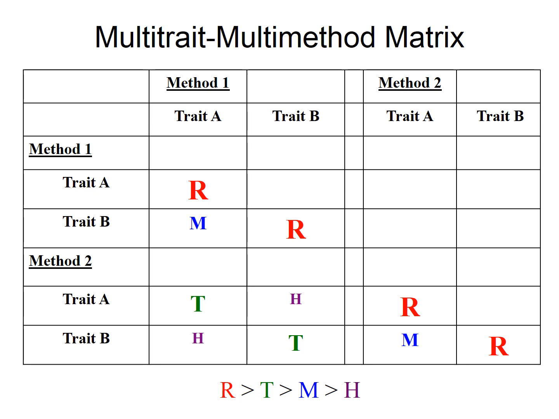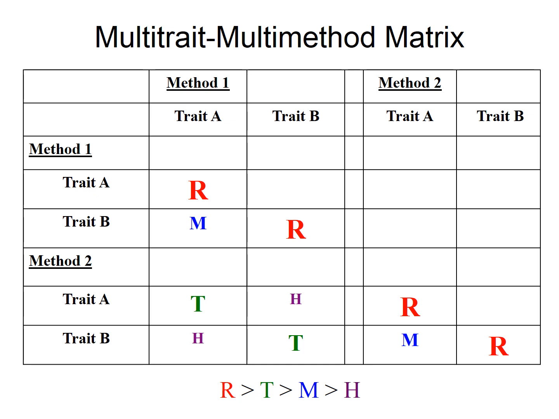And again, the highest correlation we'd expect here is 1.0, lowest would be 0. Next, we would expect some relationship based on purely the method you're using. Self-report and self-report regardless of the construct. So these again should be lower than both the T and the R boxes, but still higher than the final box, which is H. Different method, different construct.